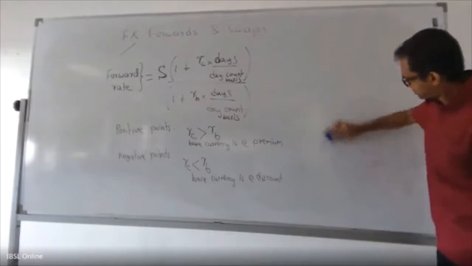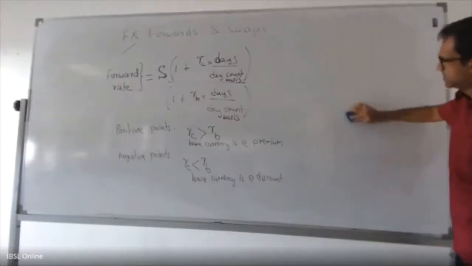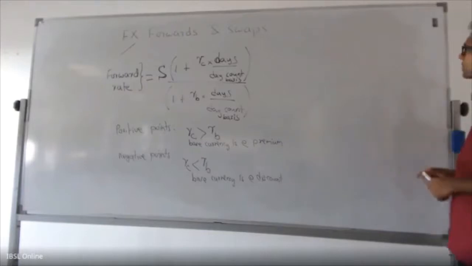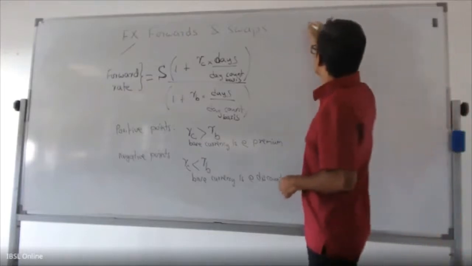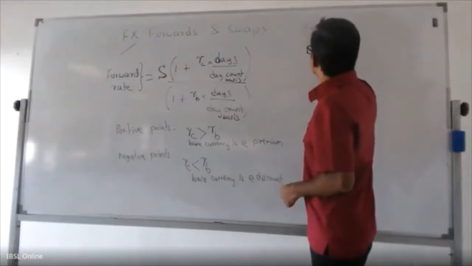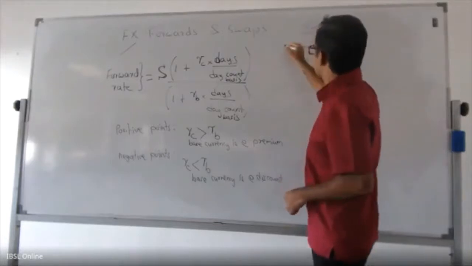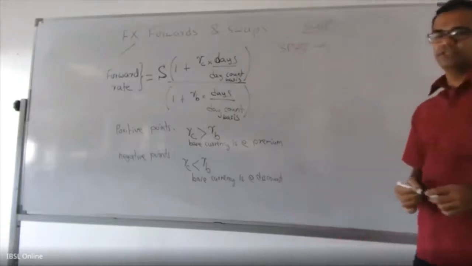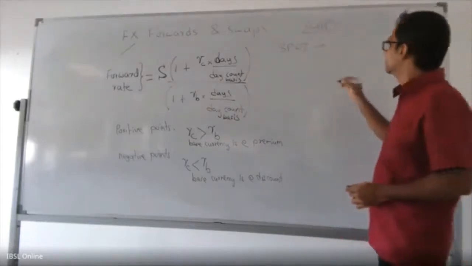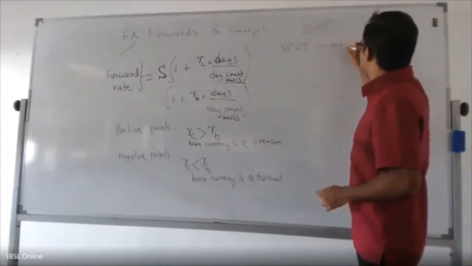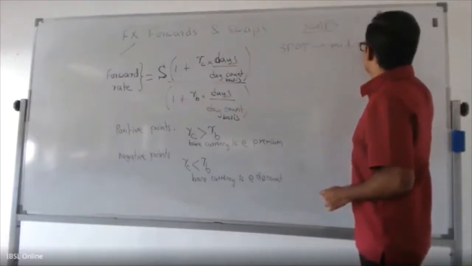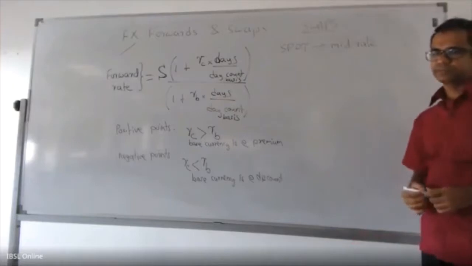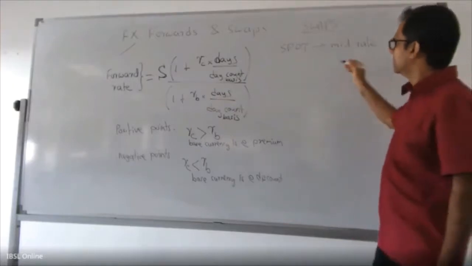So this is about forward transactions. When it comes to swap transactions, generally we use the mid rate as the reference for the spot. What does it mean?